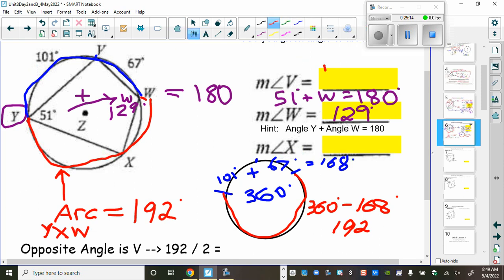And what do we get? You have calculators right in front of you. 96. So this angle right here is going to be 96. The reason being, this arc is opposite your angle.